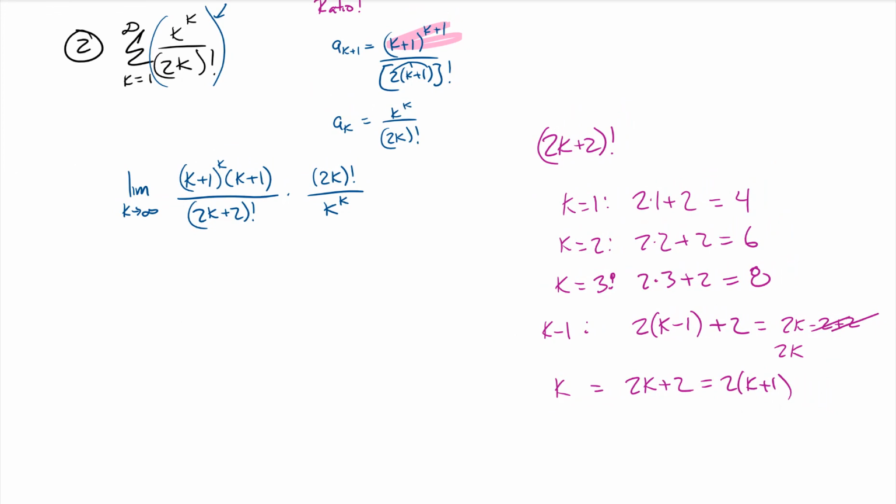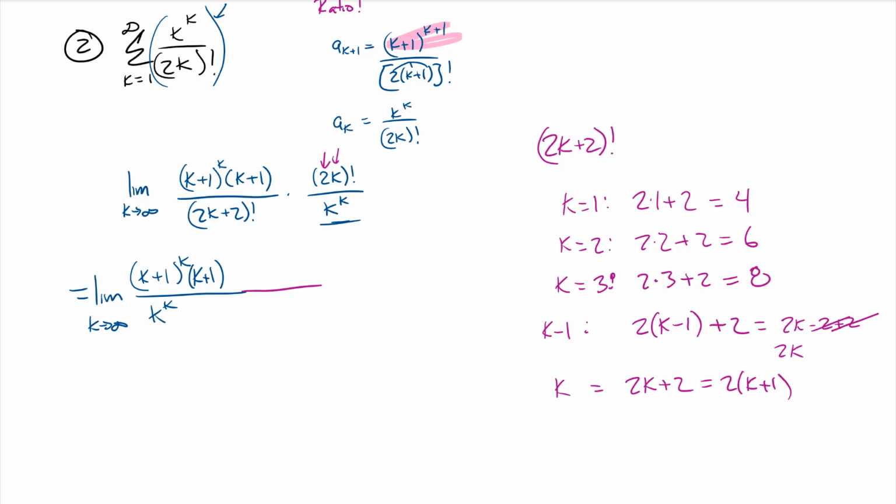All right, let's write this thing out. So we got these 2 different factorials. This is the limit as k is tending towards infinity. We got our k plus 1 over k, and I want to bring this k to the k over here, putting them next to each other since they have the same power. Oh, look, something might pop out of there. And then we're left with our 2k factorial.